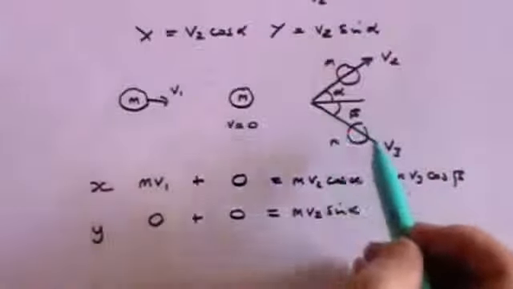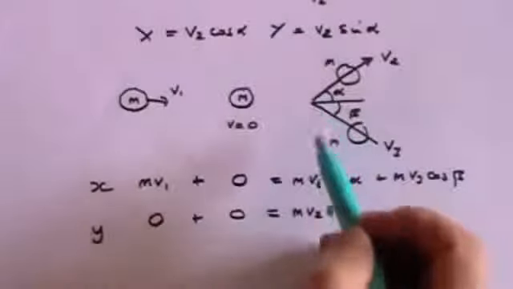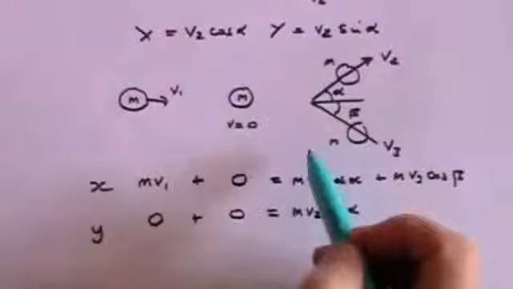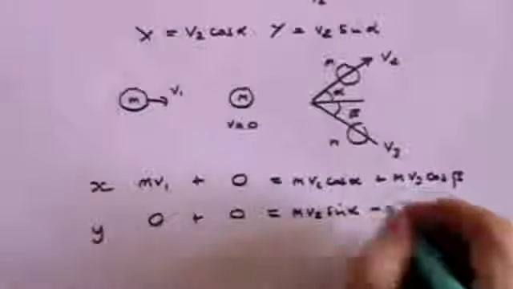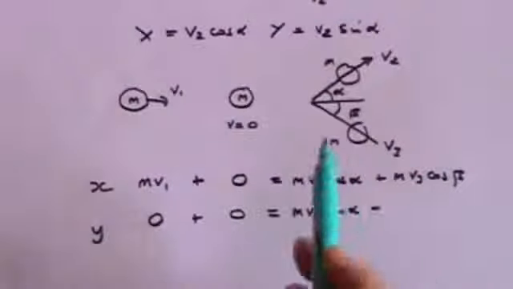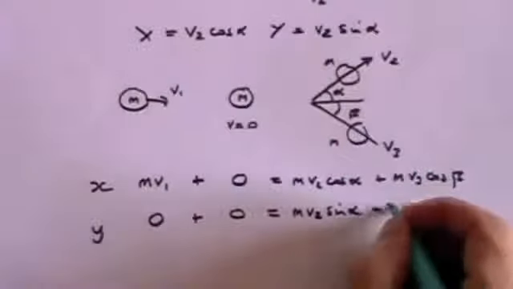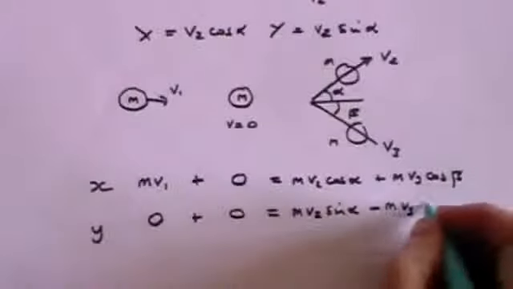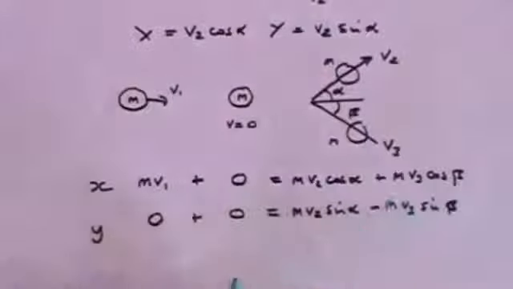What is the component in the y direction of this one? Well, it's in the opposite direction. This one is going northwards, this one is going southbound. So that will have a minus sign because it's going in the opposite direction. And the component in the y direction will be mv3 times the sine of beta.